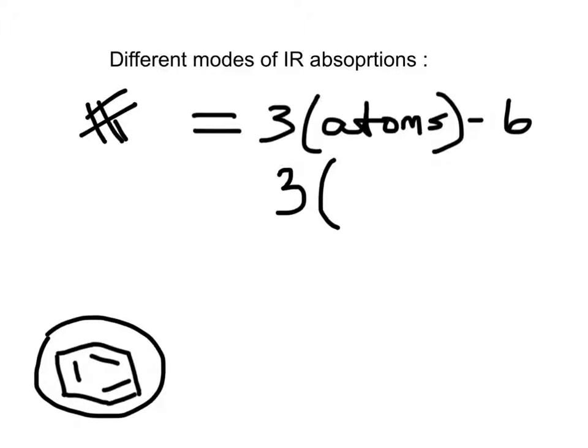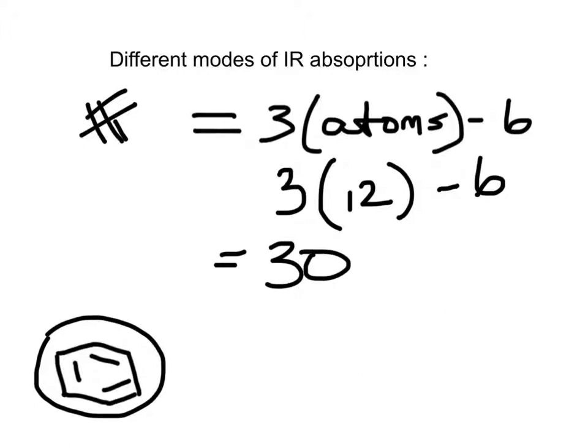So it's 3 times 12 minus 6, which means we have 30 different modes of vibration for a molecule as simple as benzene. So the point here is that IR gets very complicated quickly, and you can only pull so much information out of this particular spectrum.